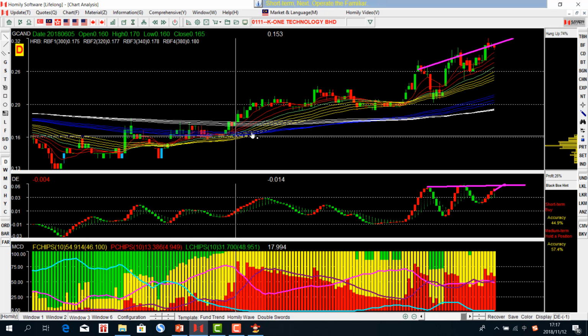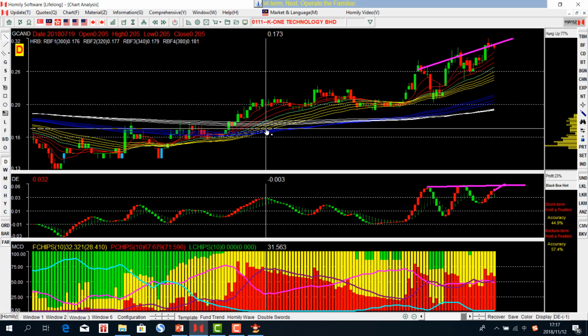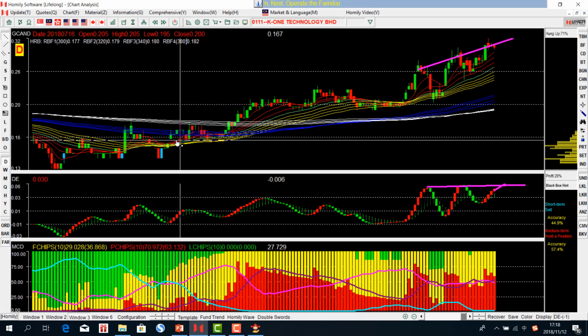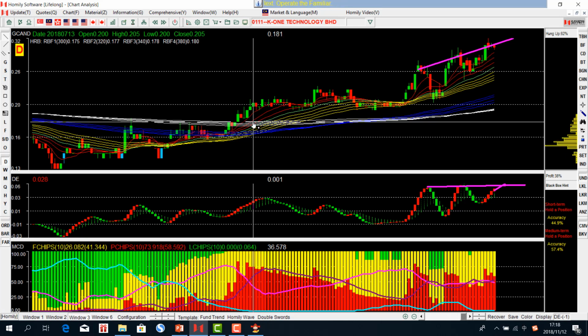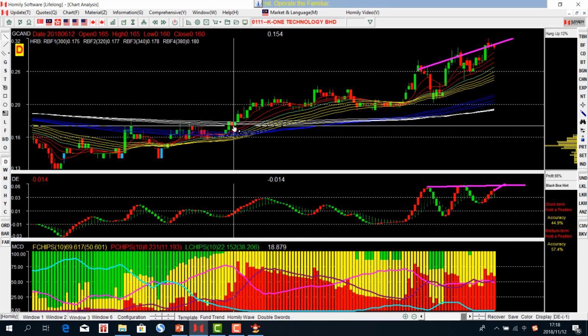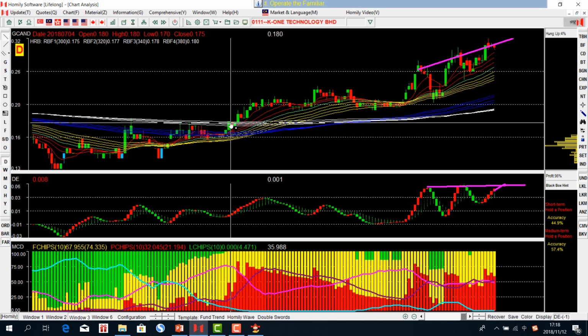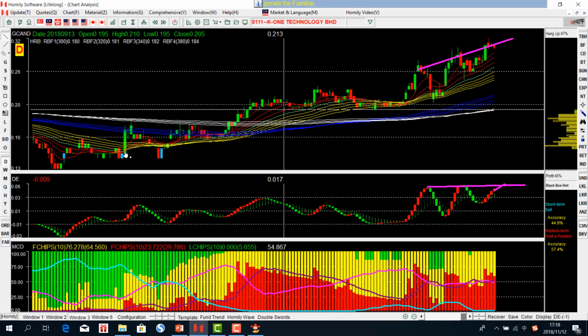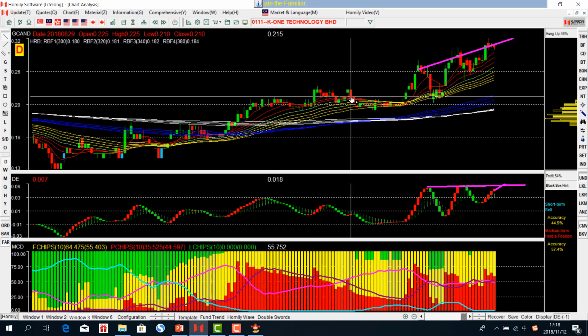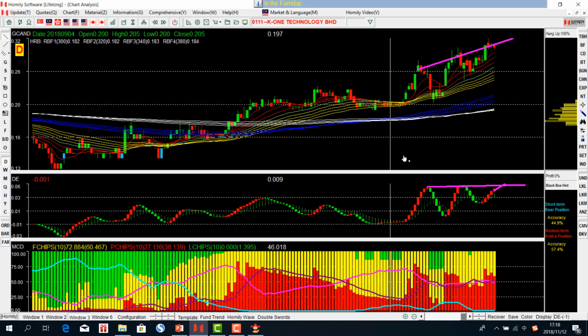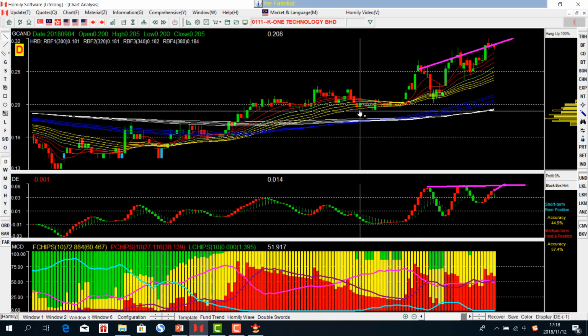But if you check with the Homer rainbow, the yellow line is turning up, so you do not need to sell. You can still hold until the price breaks out of the white line and continues to rise, and wait until the price drops below the yellow line. So that will be your medium-term sell point.